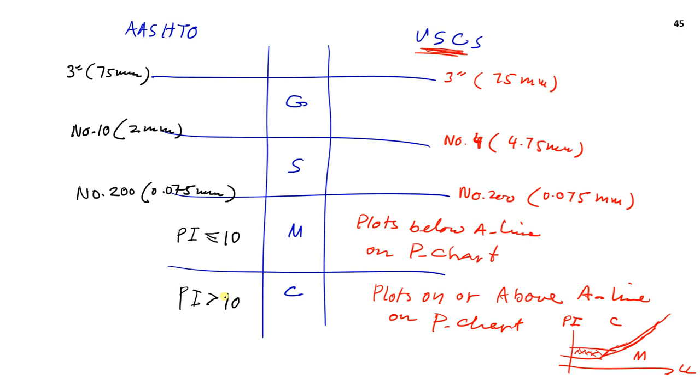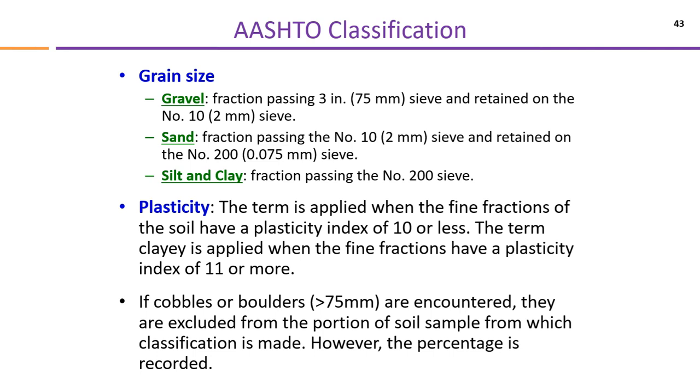So this is the major difference between these two classification systems, and I have explained how the particle sizes are defined on this page. You can go through your notes.